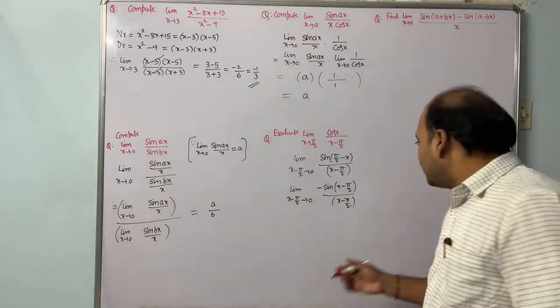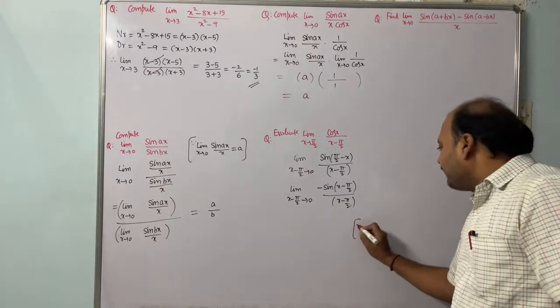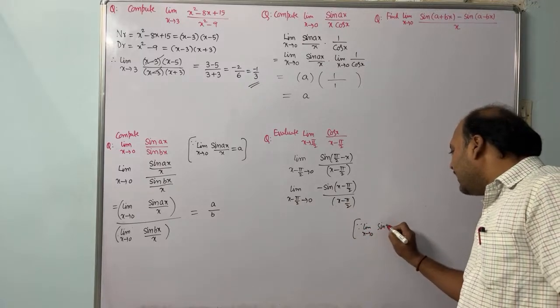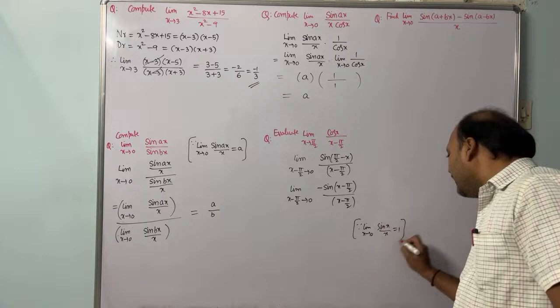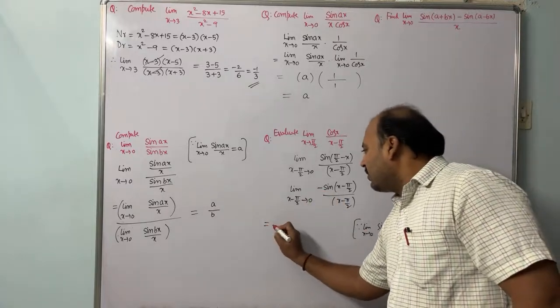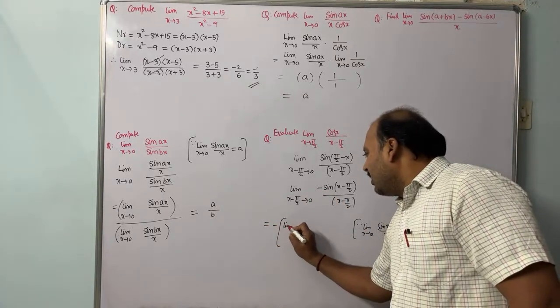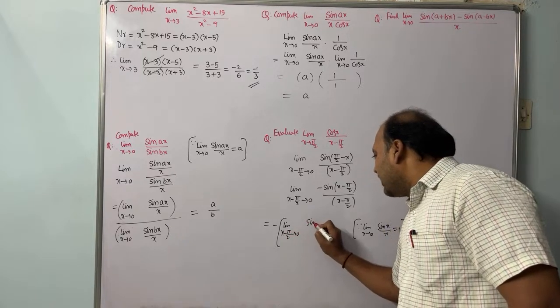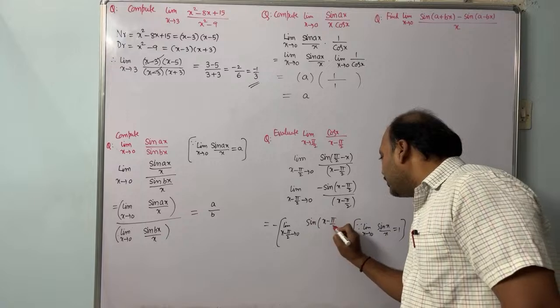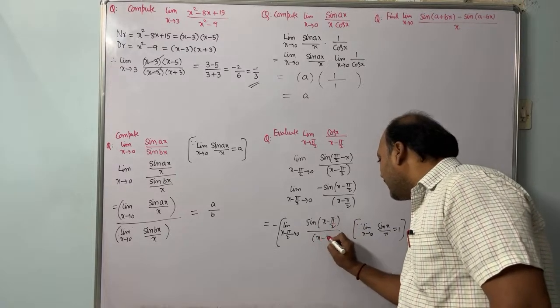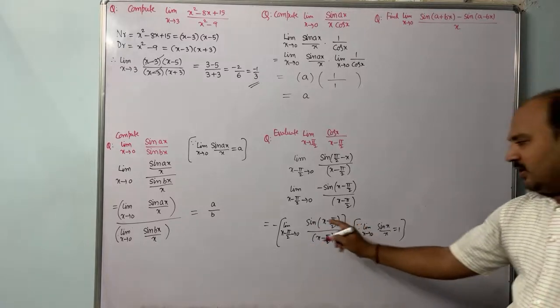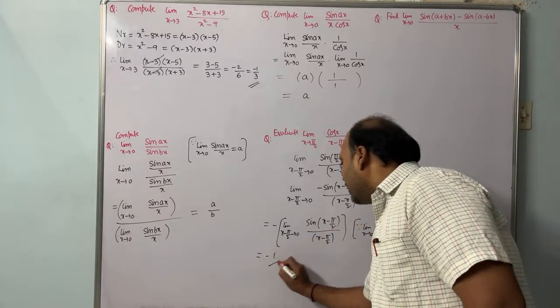Limit x tends to 0 sin x by x is equal to 1. Even here also, minus 1 bring outside. Limit x minus pi by 2 tends to 0 sin of x minus pi by 2 by x minus pi by 2, this value goes to be 1 by using this formula. So which is equal to minus 1.